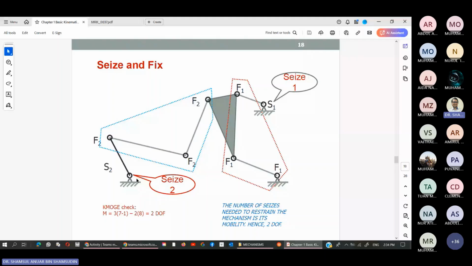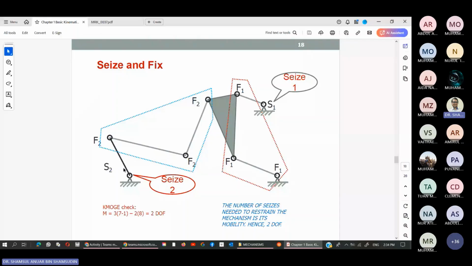So 4-bar mechanism, if I stop this link, do you think this link can move? No, they cannot move. So this has become another structure by seizing one of the links. It's the second link. If you seize it, this whole thing will become static.